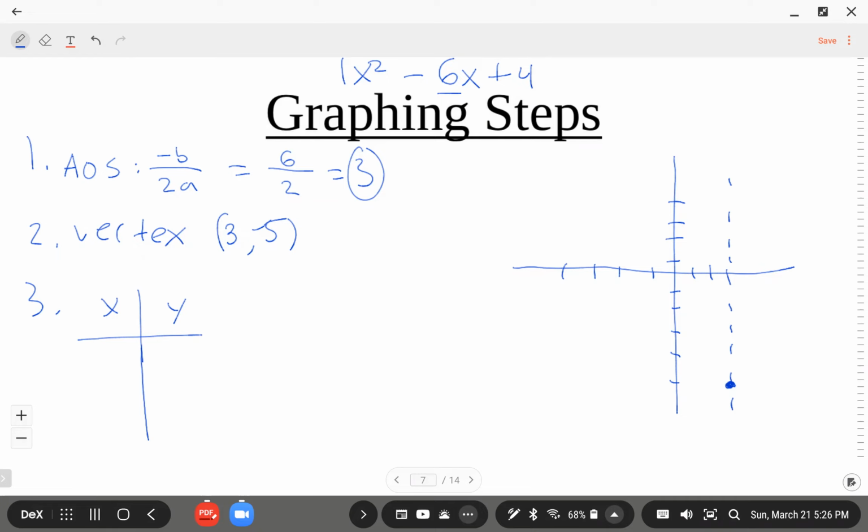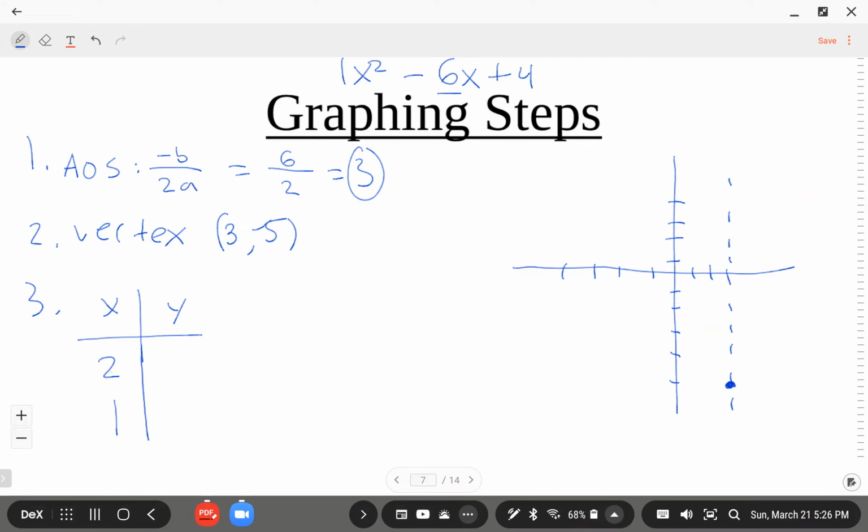So what are 2 points close to 3? Let's pick 2 and 4. Actually, 4 is a bit big, so let's just choose 1. We're just going to plug these points into our function, substitute them as x, and get our y.